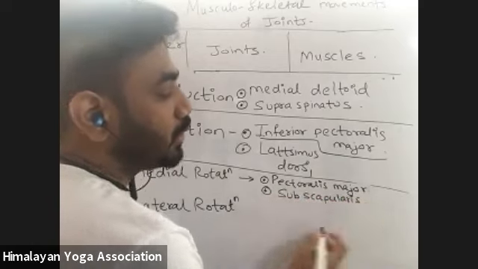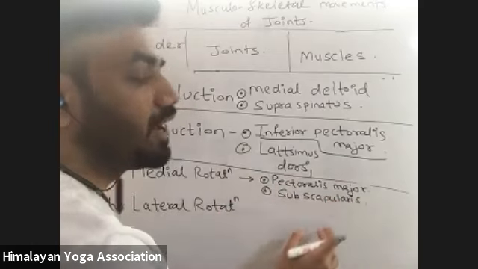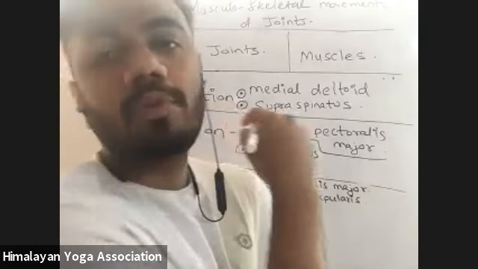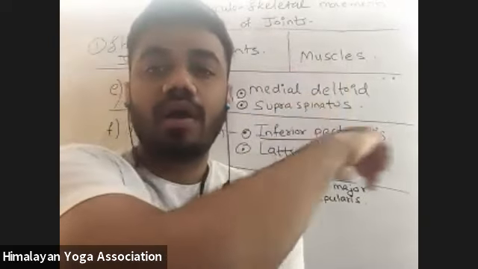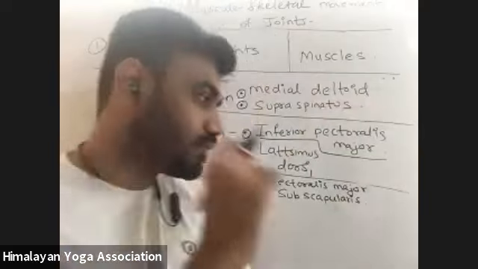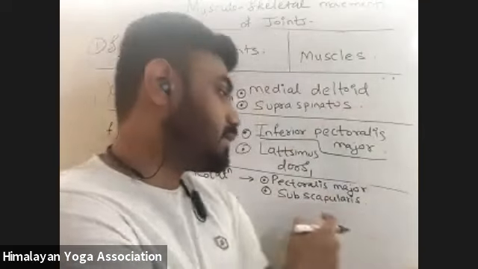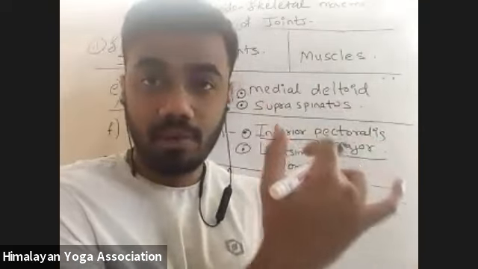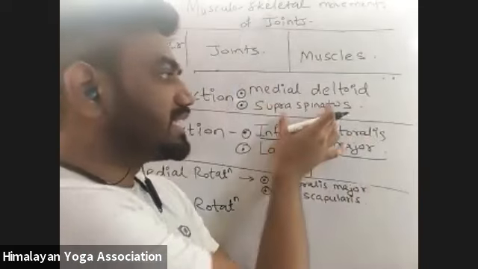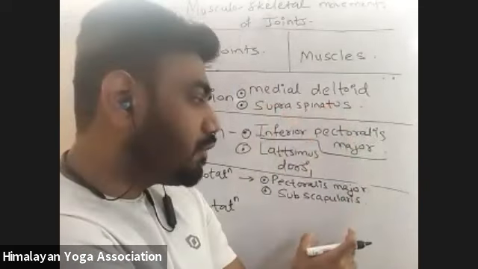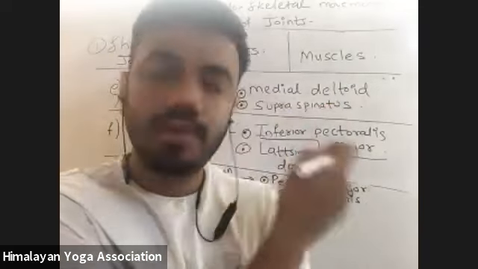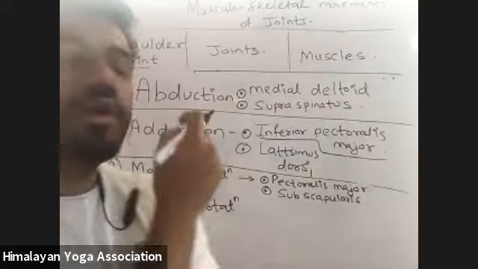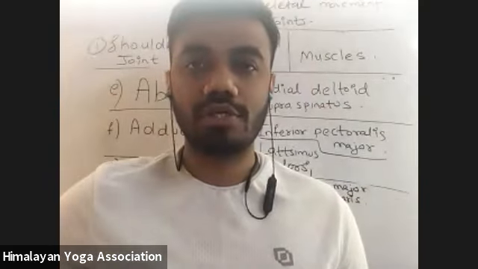Subscapularis muscle is located at the back, starting from the scapula, our shoulder blade, and ending in our upper arm, the humerus. Sub means again beneath, below. So below the supraspinatus and above the infraspinatus, we have the subscapularis muscle, which allows our medial rotation, inside rotation of the shoulder joint.